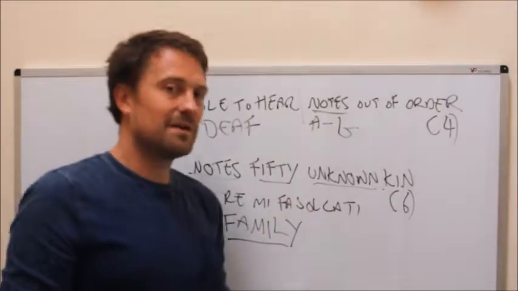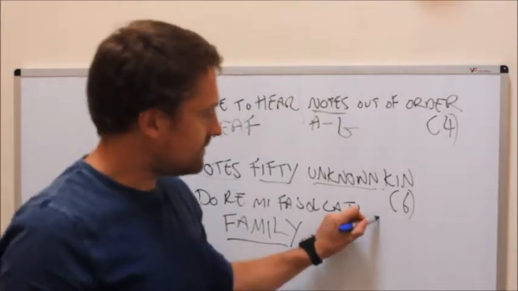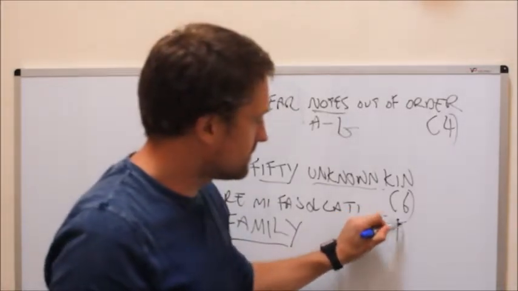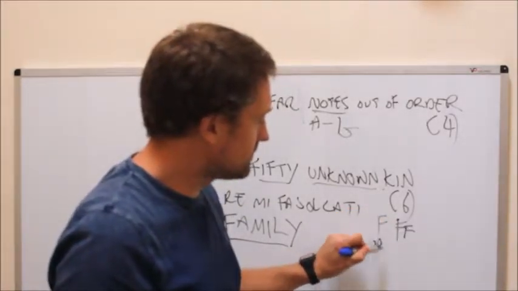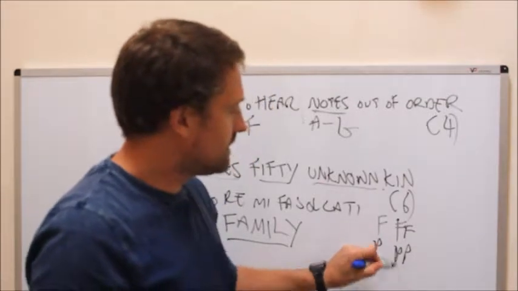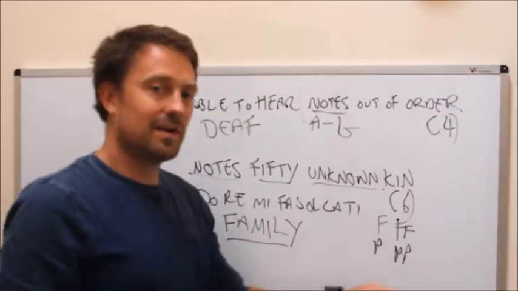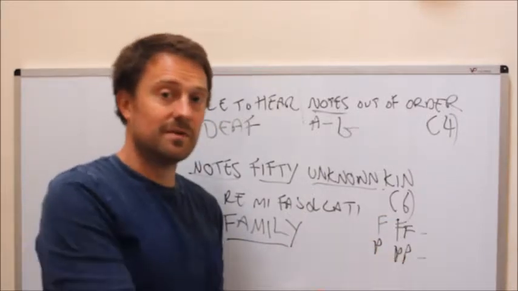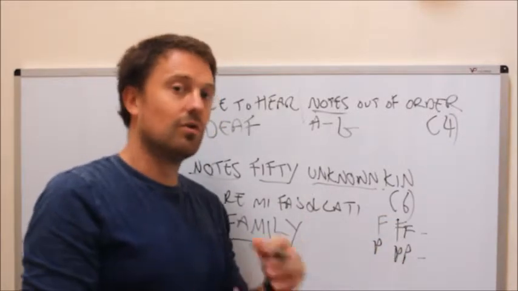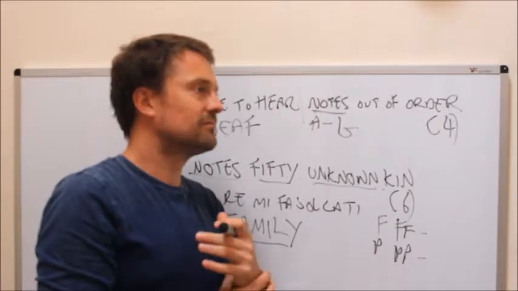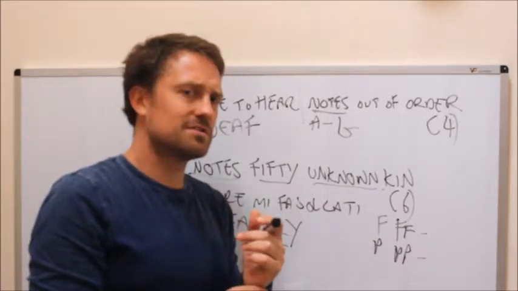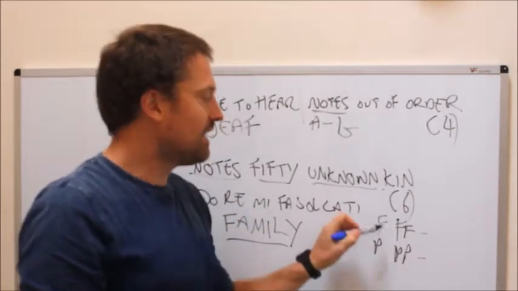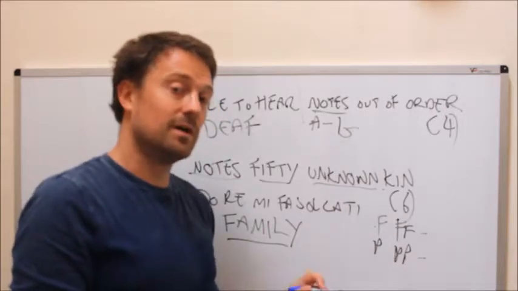A couple of other very common things. F and P, double F, double P. Now this is forte and piano in music. So strong or loud, or I've never seen actual forte used itself, but definitely strong and loud could be an F in a word, in an answer.